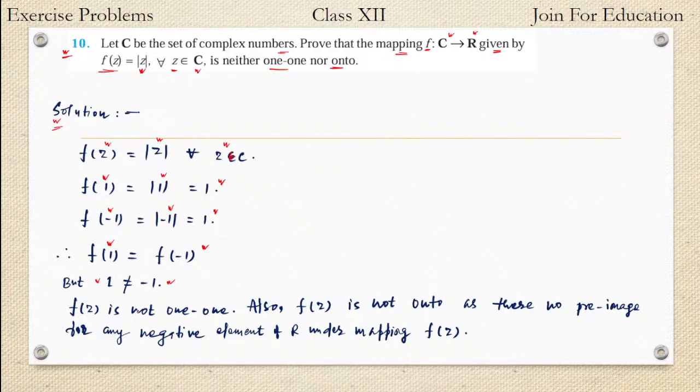Therefore f(z) is not 1-1. Also f(z) is not onto, as there is no pre-image for any negative element of R under the mapping f(z). So hope there is no problem to understand the solution of question number 10.